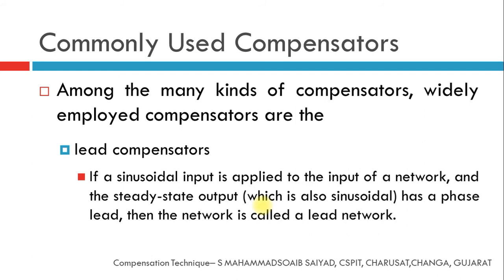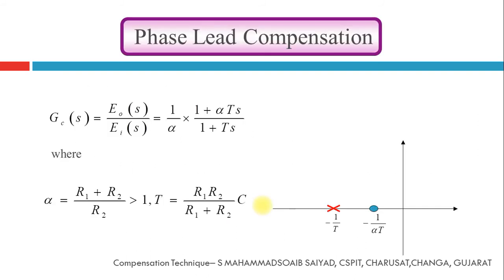It might happen that in some system your output is lagging. So what I will do, I will use a lead compensator. It will nullify the effect of lagging and it will lead the output. Okay, next one, sorry, this is the phase lead compensator.